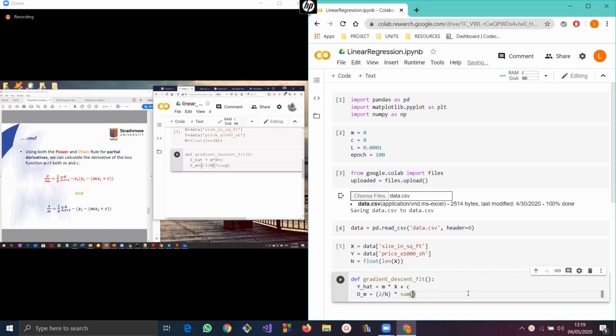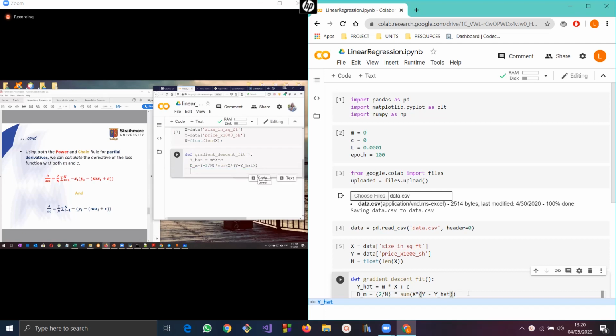So you see x values multiplied by, as it is there on the slide, y minus mx plus c, which is actually the y hat. So that's the derivative with respect to m from the slides, just copying it and typing it here.